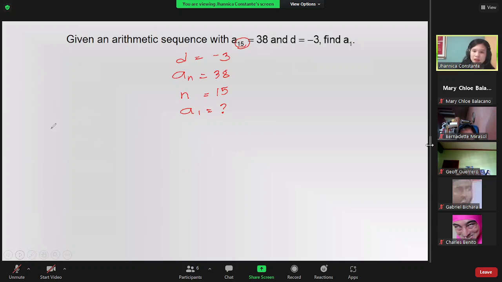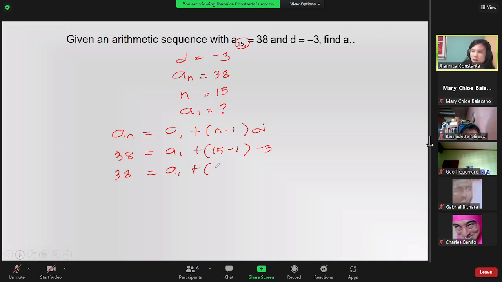Using the same formula that we have, which is an equals the first term plus n minus 1 times d. So 38 equals the first term plus 15 minus 1 times the common difference, which is equal to -3. So 38 equals a sub 1 plus 14 times -3.